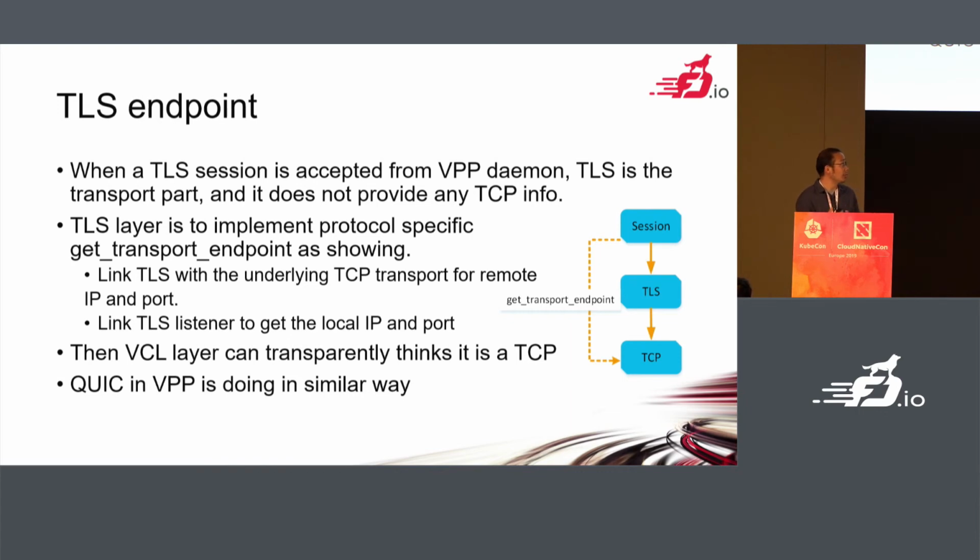Our interface, based on the session part, can use the dash line to provide the get transport endpoint. By implementing that interface, it can help you link the TLS with the underlying TCP transport for remote IP and port.